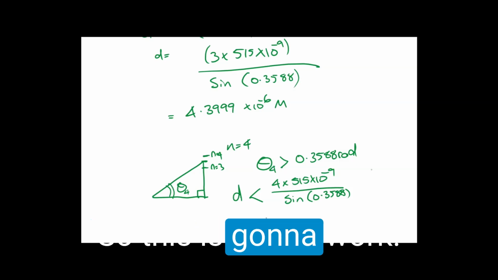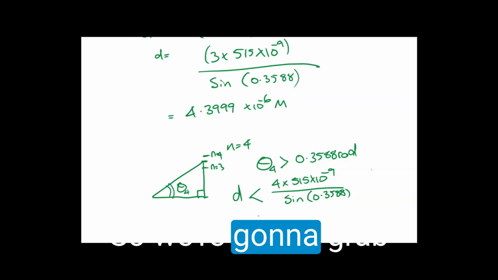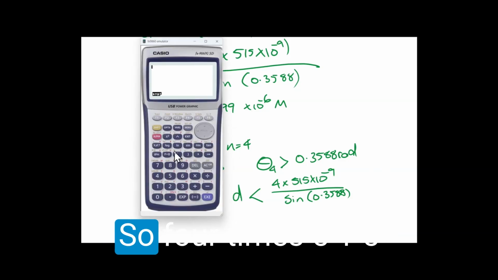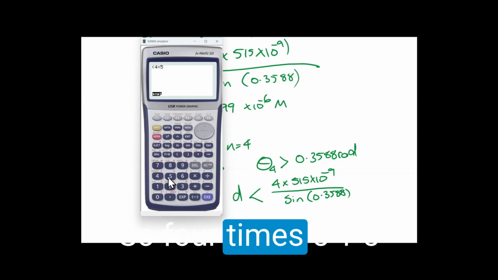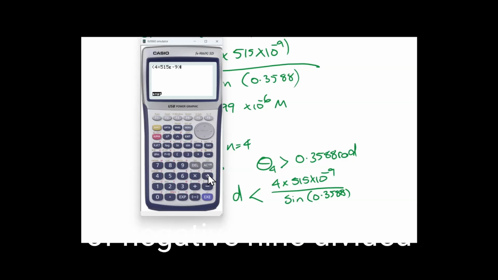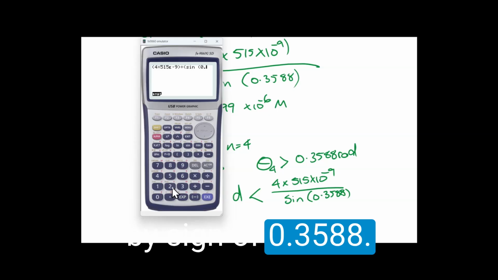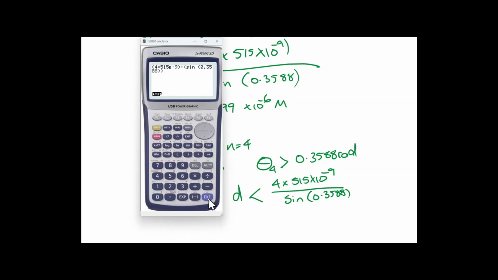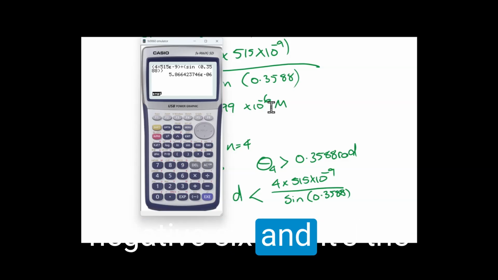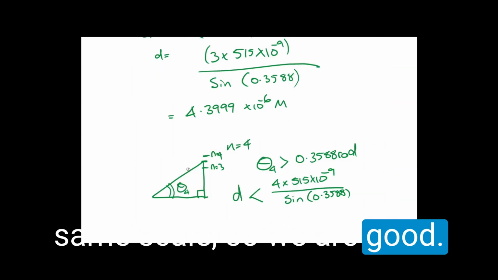Okay, yeah. So this is going to work. We're going to grab our calculator at this stage, aren't we? So 4 times 515 times 10 to the power of negative 9 divided by sine of 0.3588, brackets, and our final answer is 5.8664 times 10 to the negative 6, and it's the same scale, so we're good.